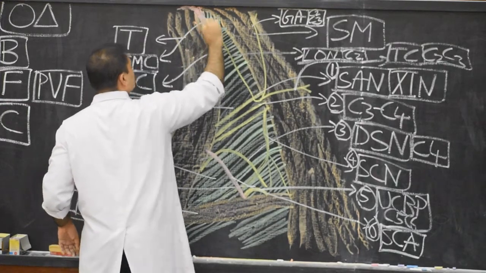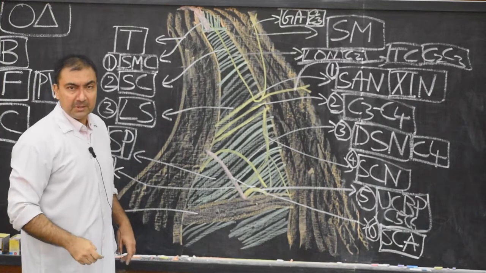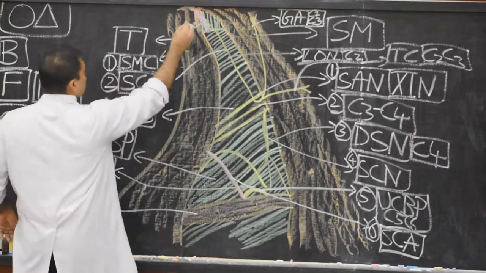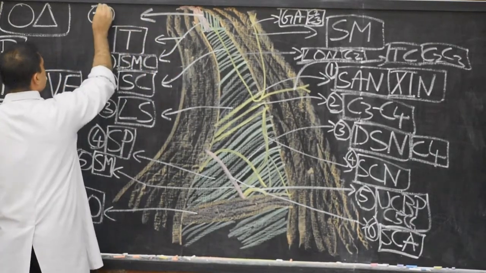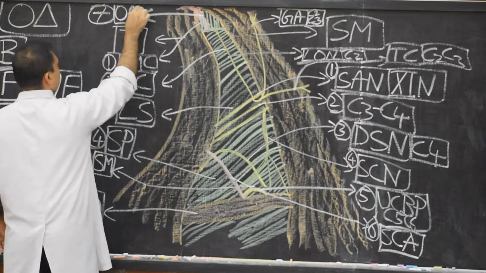It is known as the occipital artery at the apex of the occipital triangle on the semispinalis capitis. So here we will mention this as content number 7, occipital artery, which is very tortuous.